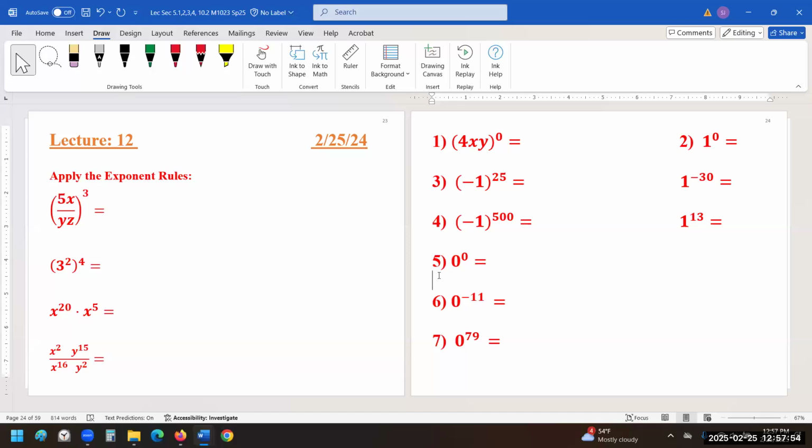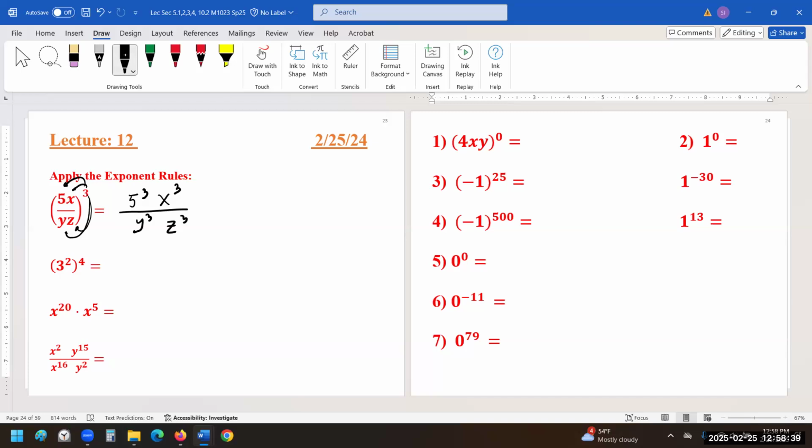Ready? Lindra, the first one. Okay, so you're distributing the power to everything on the top and on the bottom.